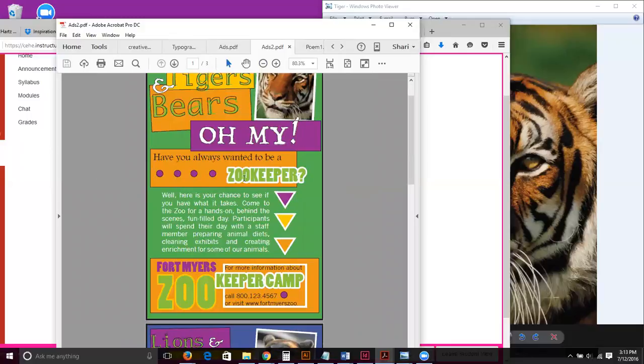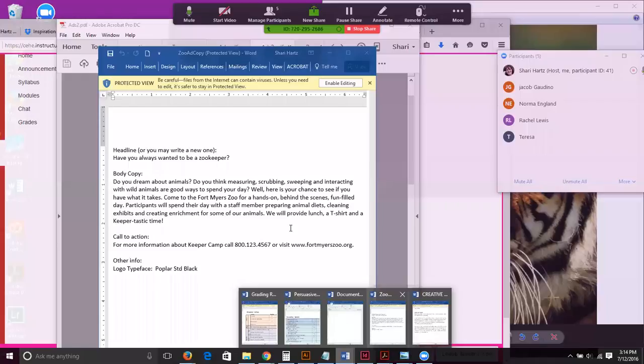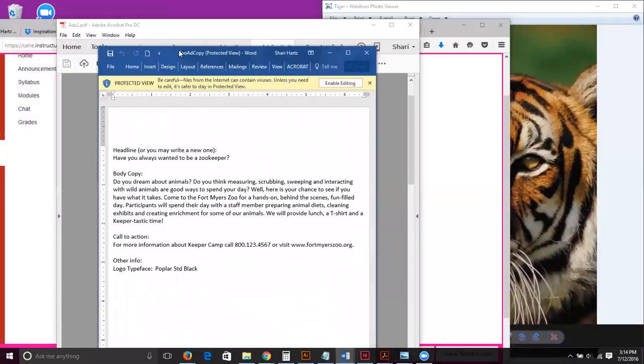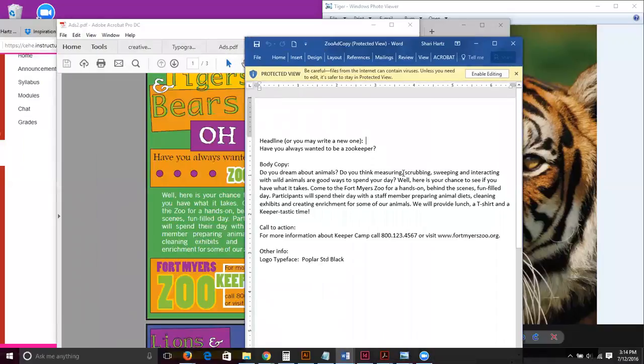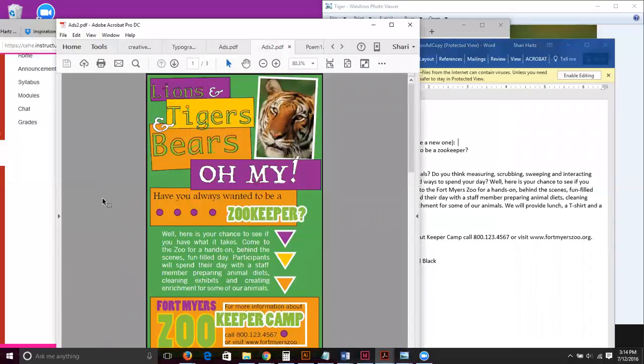It doesn't look like they used all the text on this one. Let me see what the text is here. Here's the copy. So let's see, did they do it? Well, here's your chance. Looks like they stopped right there. And then, let's see, did they use the "Do you dream about animals?" I think it's okay to break up the text.